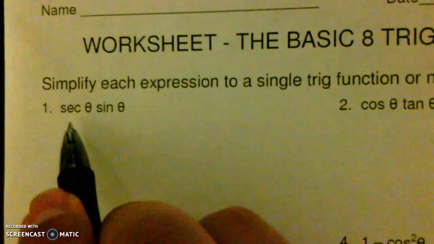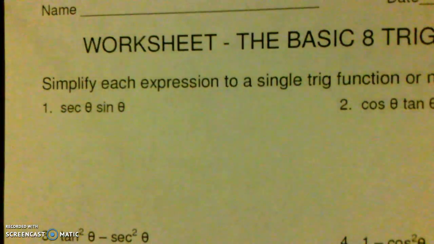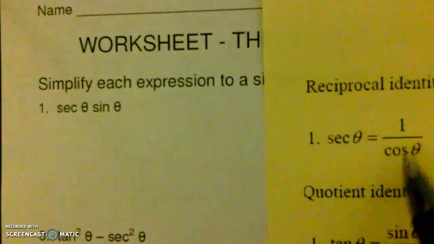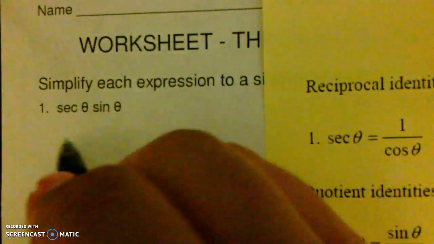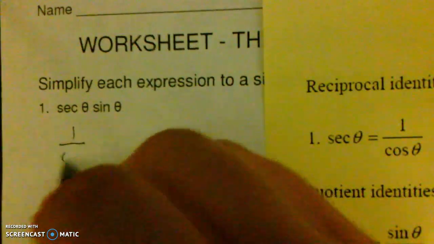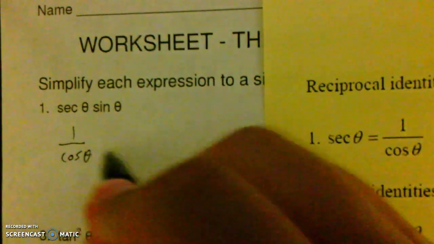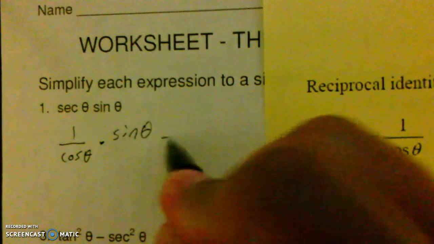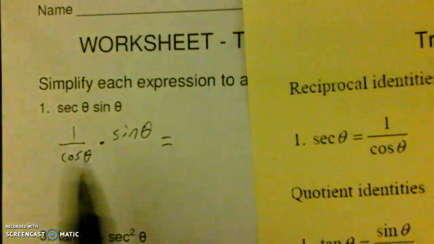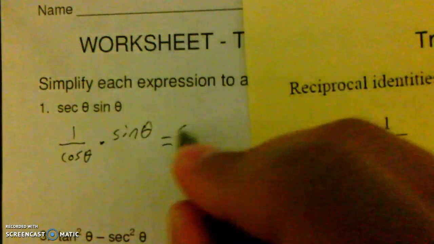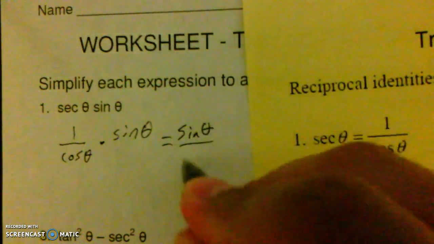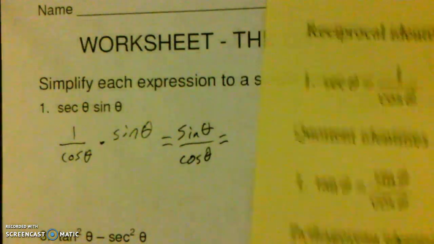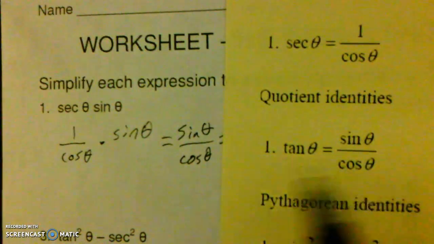Secant is 1 over cosine. So I'm going to rewrite secant as 1 over cosine. Then I still have times sine. If I put that together, that's going to give me sine theta over cosine theta, and we know that that identity is tangent.